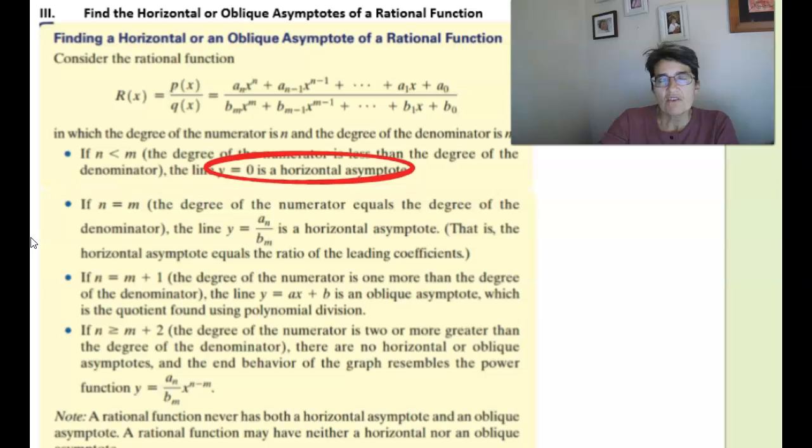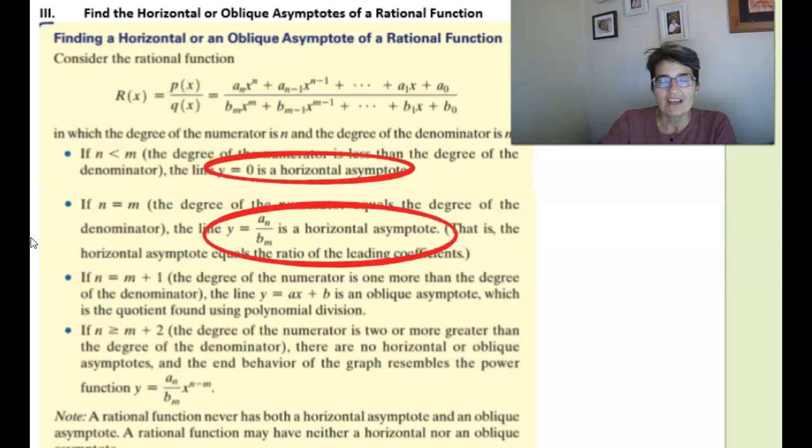Right? If the degrees are the same, if n equals m, then there's an asymptote at the horizontal line y equals a_n over b_m. So it's the leading coefficients: the leading coefficient of the top divided by the leading coefficient of the bottom.